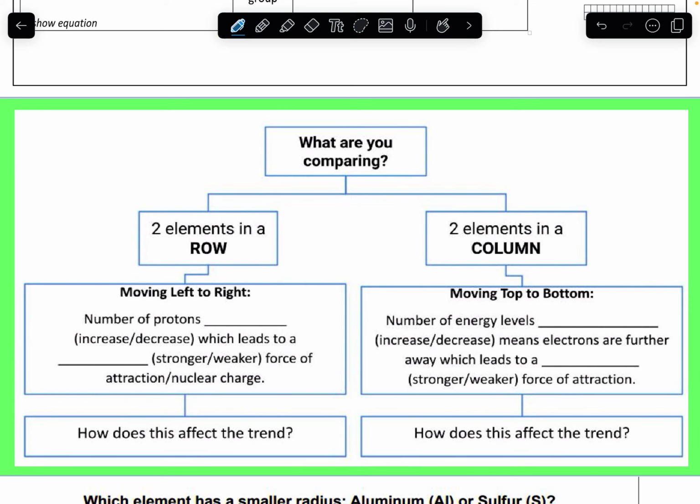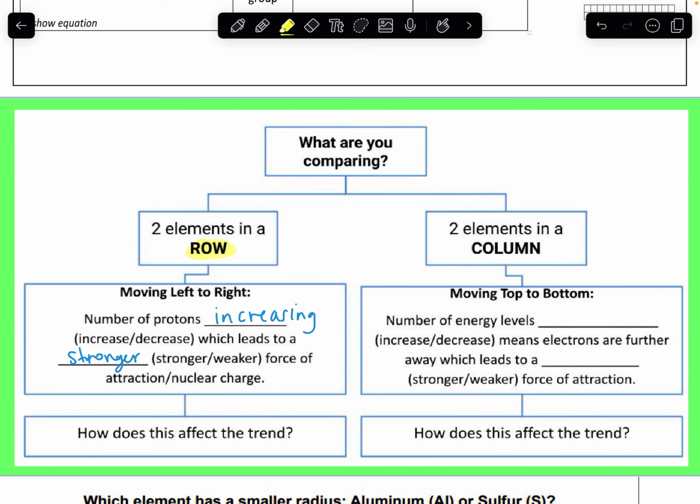So if I'm in a row, okay, so we're going to talk about a row first. Remember, our number of protons is increasing. So we're going to write increasing in this blank here. And that's going to lead to a stronger attraction, right?